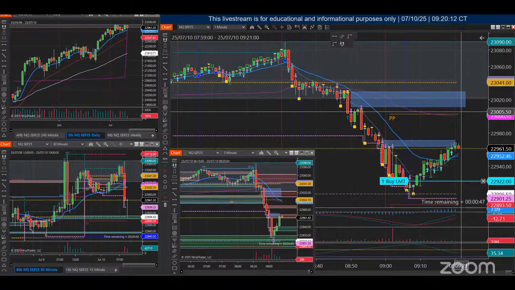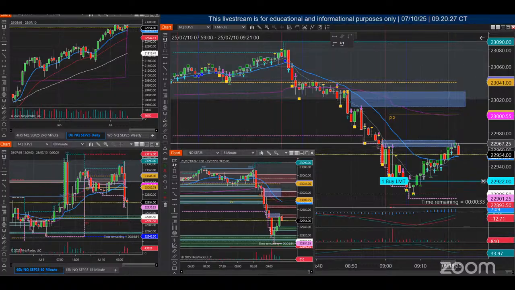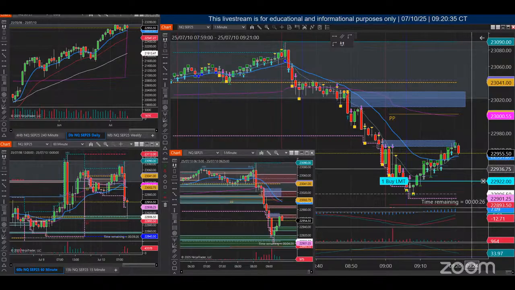And after the fact, everything will be clear. But beforehand, it can be a few minutes late. So this supply zone, at least in the short term, it is working. There is some pullback.